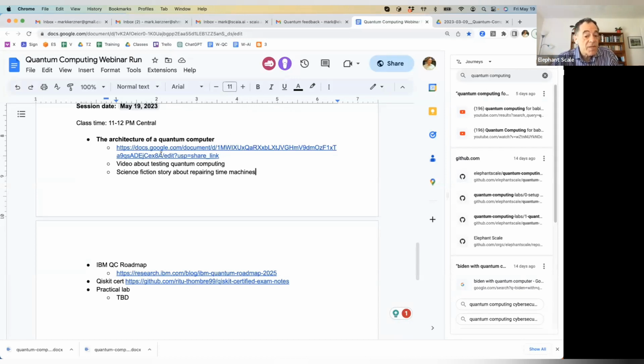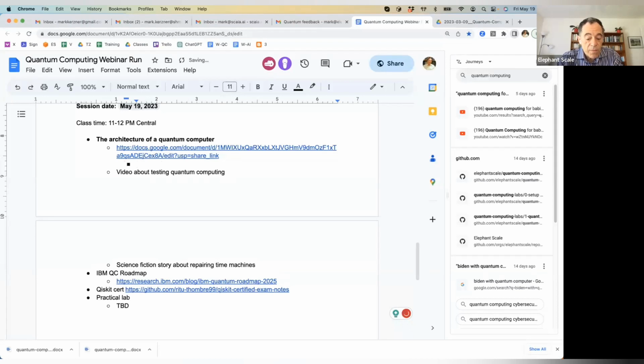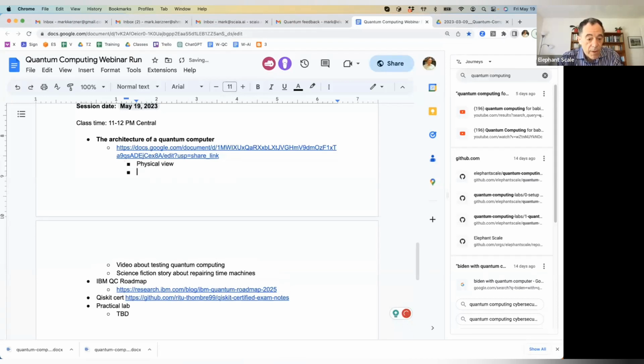This way is more on the physical level. So, you know what, it will be a good thing if we put physical view, then physical, like hardware view. Hardware view is one approach.